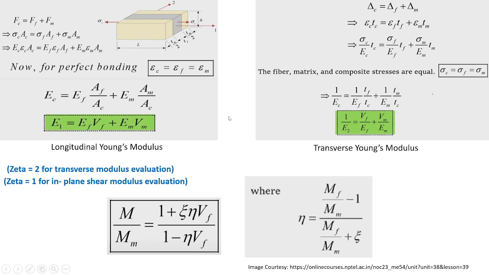Next, we talked about the concept of volume fraction. Every composite is formed with fiber and matrix, so there is a certain percentage of fiber in that whole composite and some percentage of matrix that combines the whole composite.